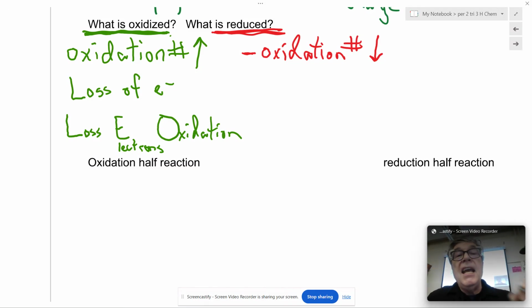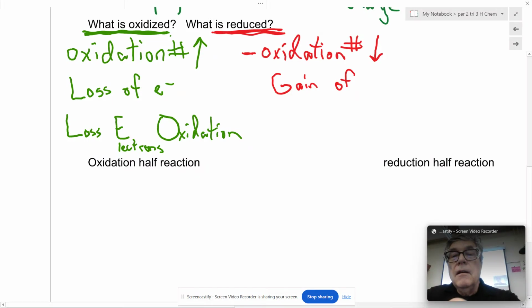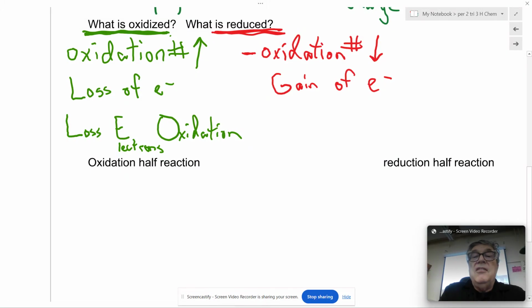So what that means is you gained electrons with that particular element. So that is a gain of electrons. Remember, we're gaining negative charges, so the oxidation state is going to become more negative. Does that make sense?